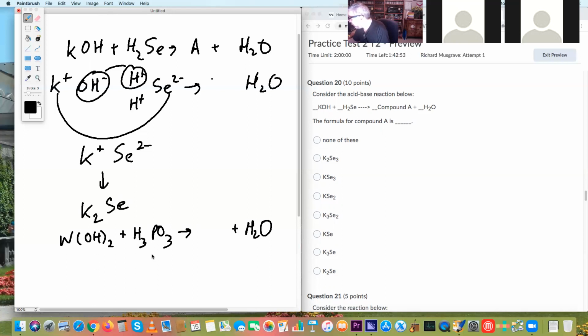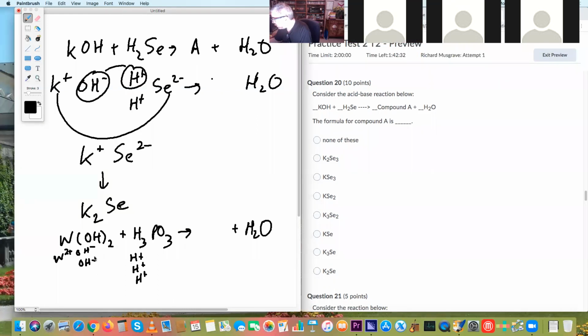Yeah, this is a little bit confused because when you are working with the charge, both have 3. No, no, they don't. See, the W here is 2 plus, and the PO3 is 3 minus. See, the W has to be 2 plus because we've got 2 OHs there. So they're each negative, so the W has to be 2 plus.